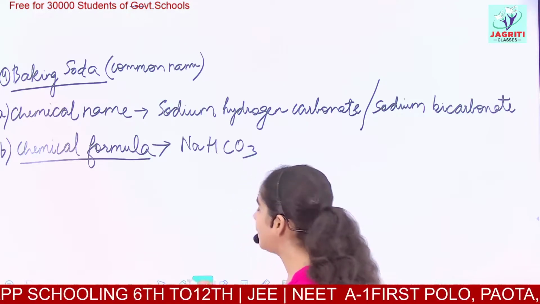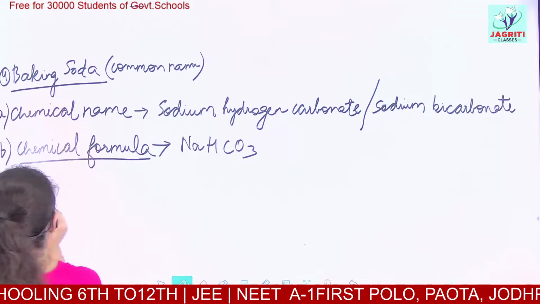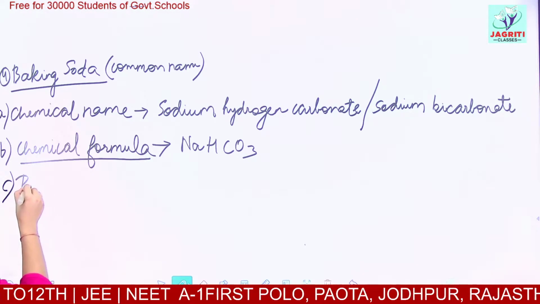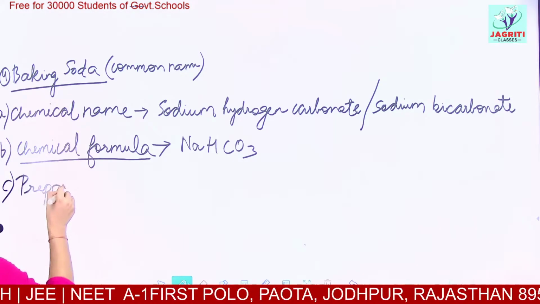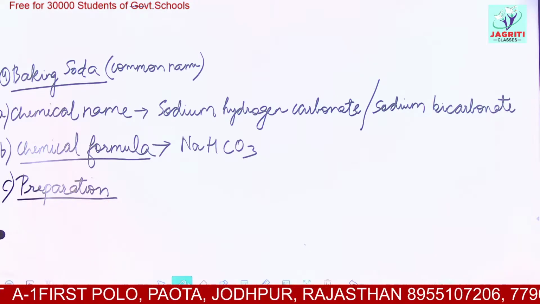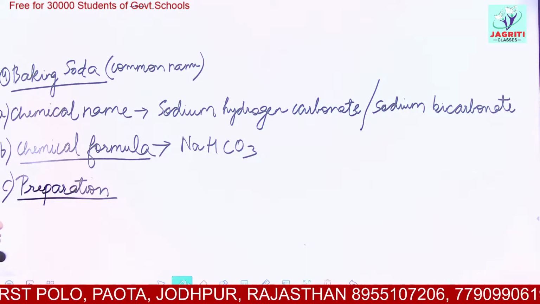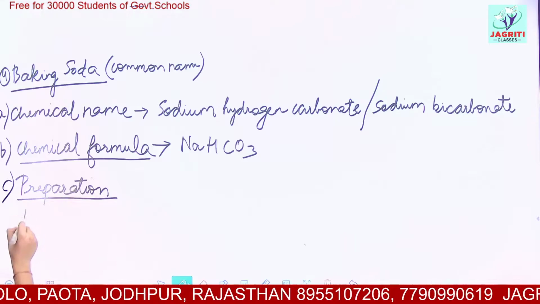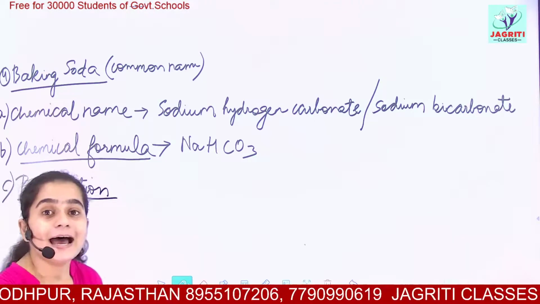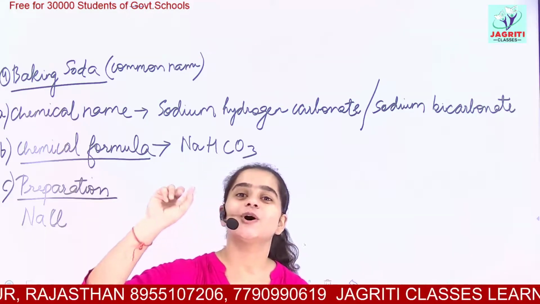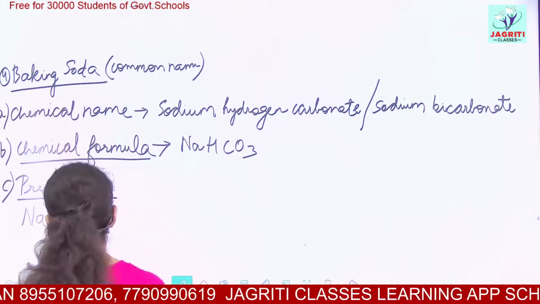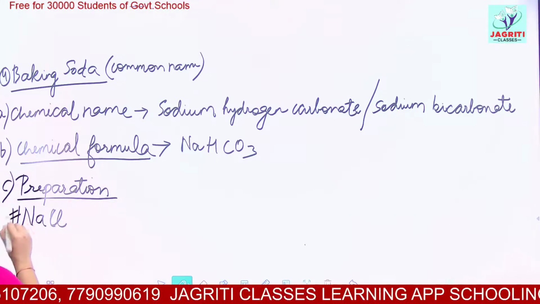Now the next point is the method of preparation. Preparation means the chemical reaction you have to tell which is included for baking soda. So for its preparation, we take our NaCl. NaCl is a very important compound and it is known as common salt or table salt. I'm writing a point here about NaCl.